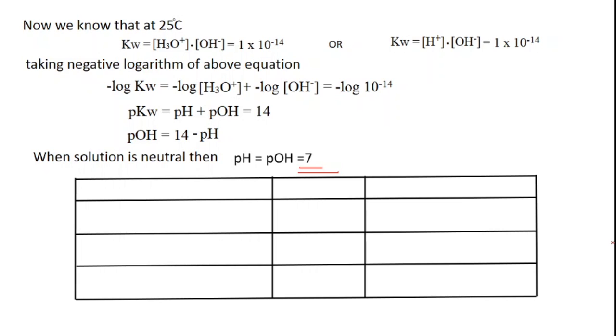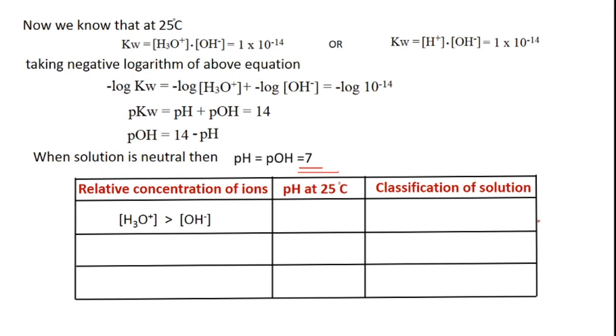So depending upon the H plus ion concentration and OH minus ion concentration present in the solution, it can be classified as acidic, basic or neutral. Consider the condition in which concentration of H3O plus hydronium ion or H plus ion is greater than concentration of OH minus ion in a solution.